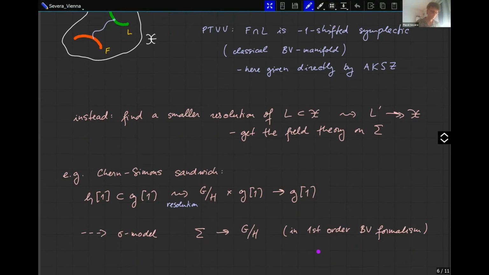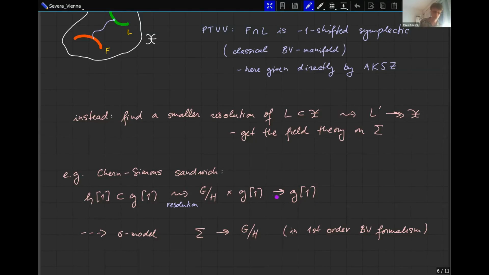So what is happening in the case of the Chern-Simons sandwich? There, this topological boundary condition L is given by the Lagrangian Lie subalgebra of g. Now, a sort of minimal resolution of the thing looks like this: we take the homogeneous space G mod H times G1 to G1.